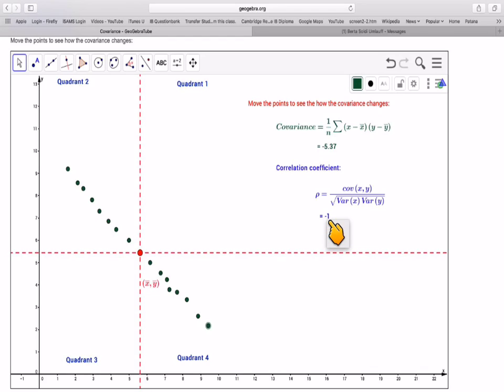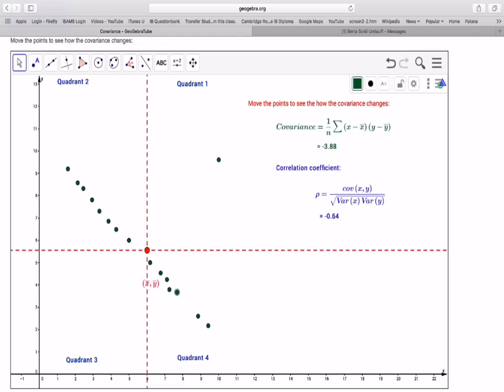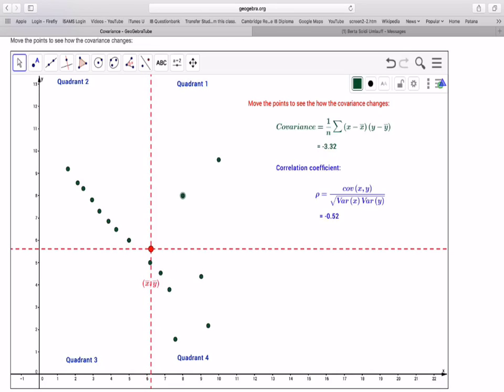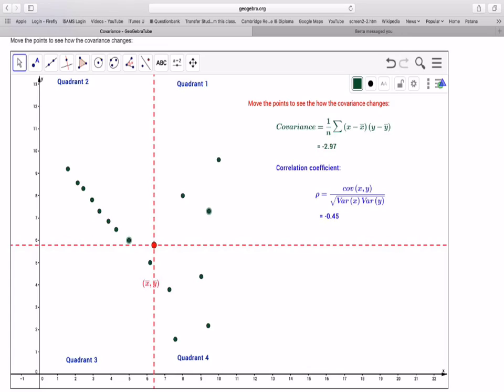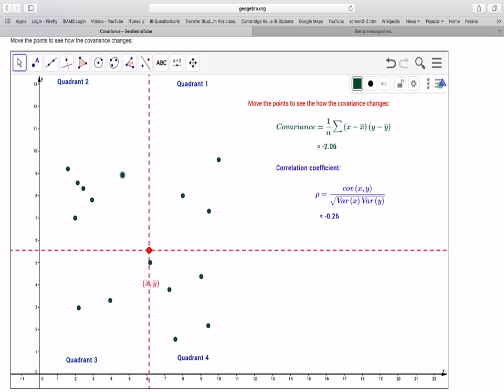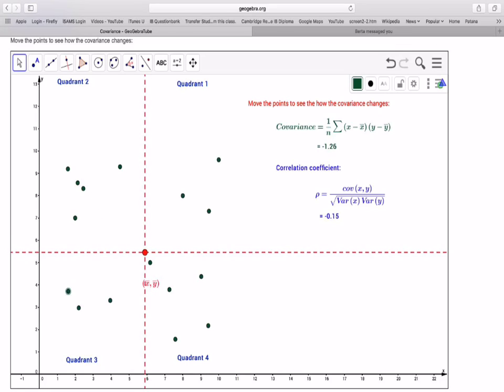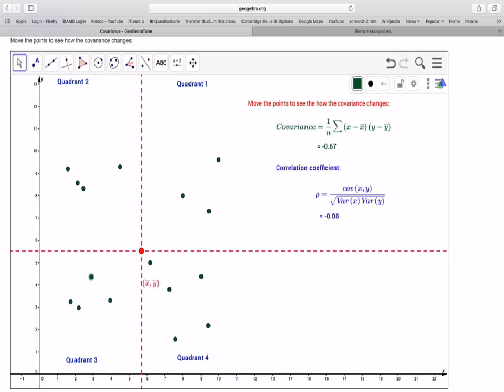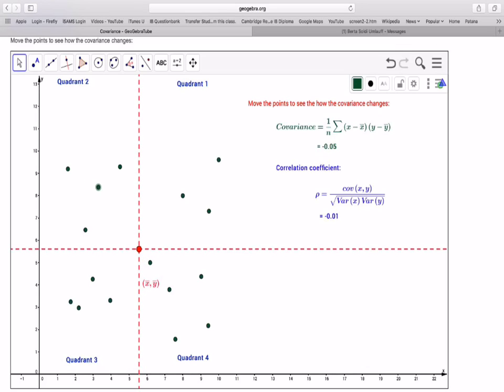Later you'll do a question where you have to prove that using expectation algebra, but you can just see how it works. Now if I move all the points all over the place, so that they're a mixture in all four quadrants, the covariance will get to a lower number.